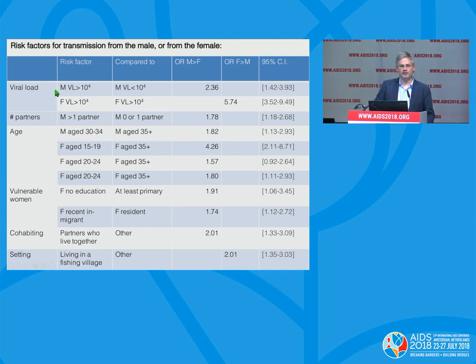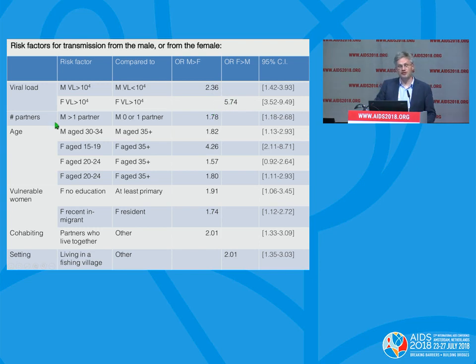So the first risk factor is viral load, a very well-known one. If the male has greater than 10 to the 4 copies per mL, you're much more likely to find that the transmission came from the male. And if the female has a high viral load, you're much more likely to find that the transmission came from the female. If it's more likely from the female, I put it on the right, and if it's more likely from the male, I put it on the left.